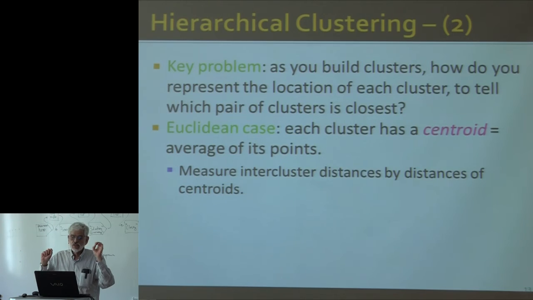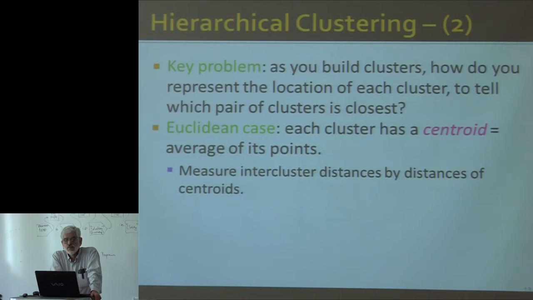At least in the Euclidean case, then you know exactly where each cluster is. Now, as you combine points into clusters, where is the cluster in the space? Assuming that there is a space, so that you can answer the question. Well, in the Euclidean case, there's a standard answer. It's the centroid. It's the average of the points.